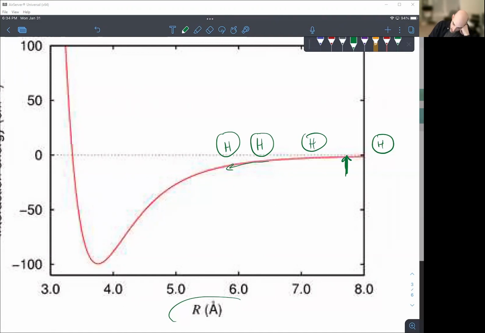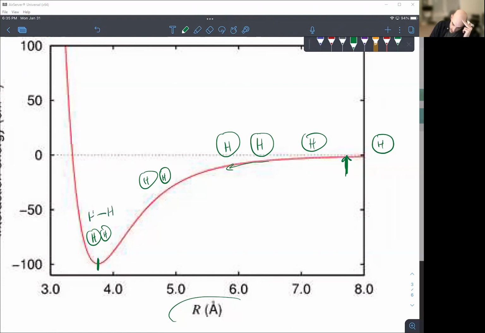In fact, as we bring them closer and closer together, we see the energy drop until we get down to this minimum right here. What's going on here? Well, at this point, they're kind of bonded.